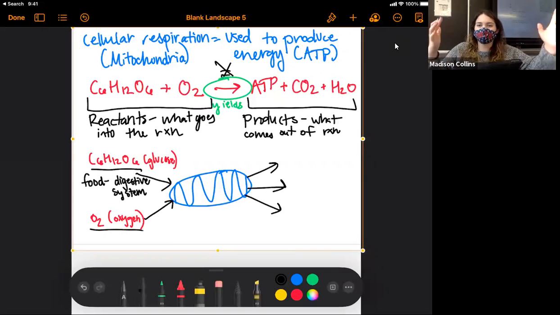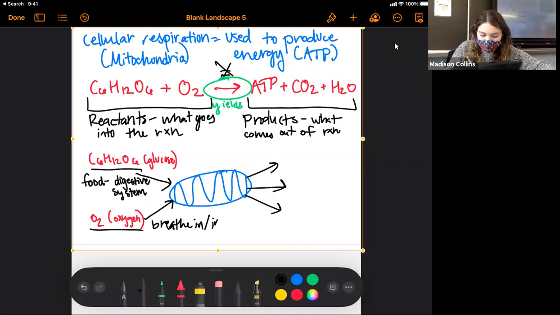Does our body just poof oxygen? No, right? We have to inhale that oxygen. So the oxygen that's needed for cellular respiration comes from every single time you take a breath and you breathe in oxygen. So this oxygen comes from what you breathe in or inhale, which comes from our respiratory system.